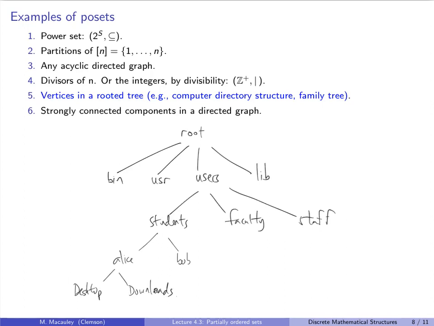But you should get the idea that we can say that one of these folders or directories is less than or equal to another one if it is contained, if it's a subfolder of it. So desktop is a subfolder of users, not a direct subfolder obviously, but desktop and staff are incomparable. So Alice and faculty are incomparable.